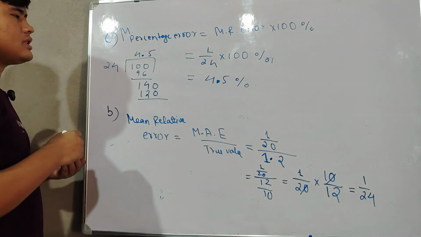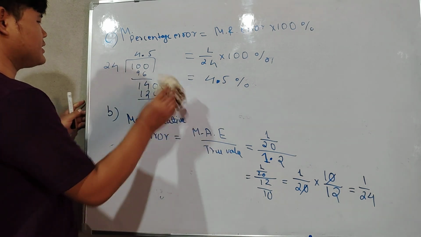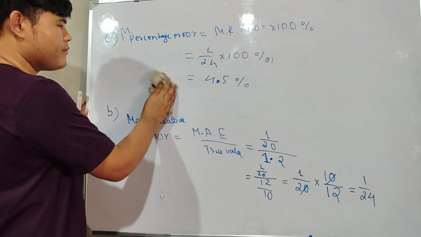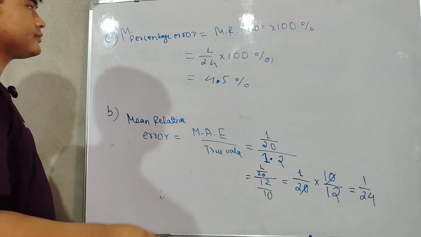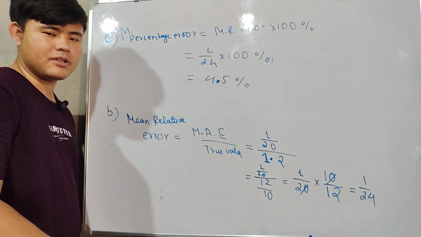So what is the percentage error? The percentage error is 4.5%. This is how we found the percentage errors, absolute errors, and relative errors when n observations are given.